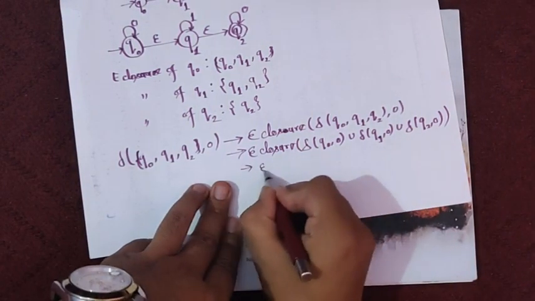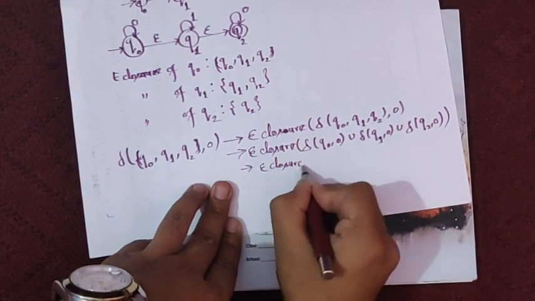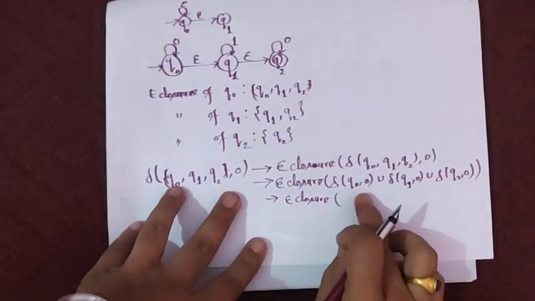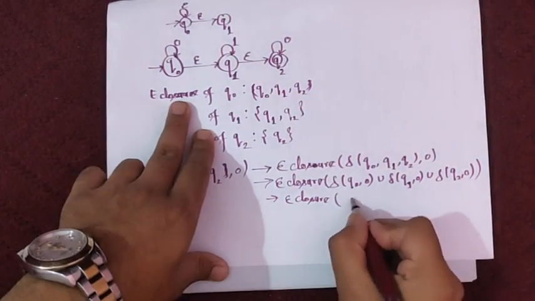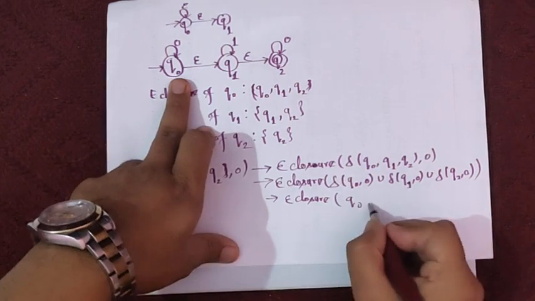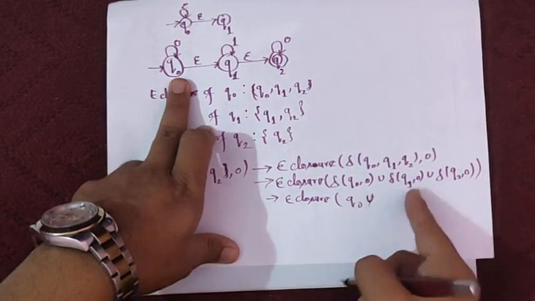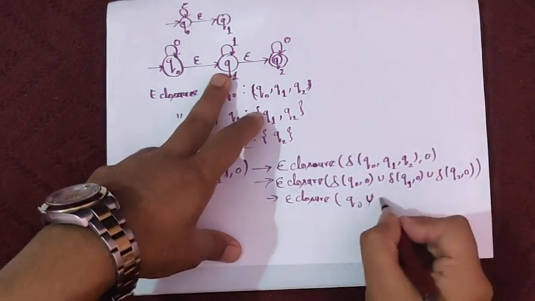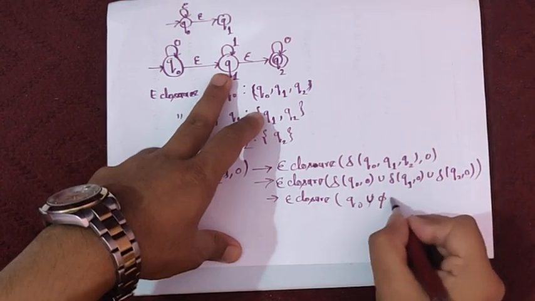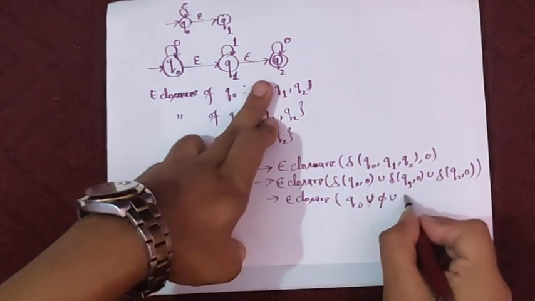So it is epsilon closure of: when 0 is inputted to q0, it gives q0 itself; when 0 is inputted to q1, it does not give anything, that is phi; and q2 gives q2 itself.